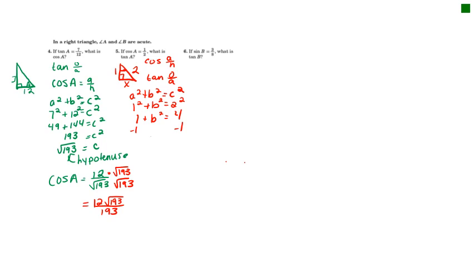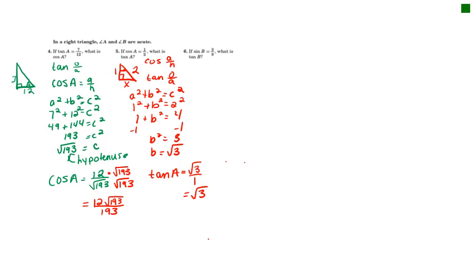Subtract 1. b squared equals 3. So b equals the square root of 3. All right, so tangent of angle A, I've got the opposite is square root of 3 over adjacent, which is 1, so just the square root of 3.